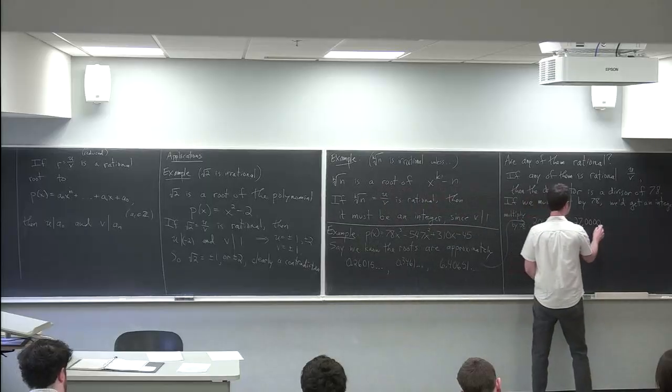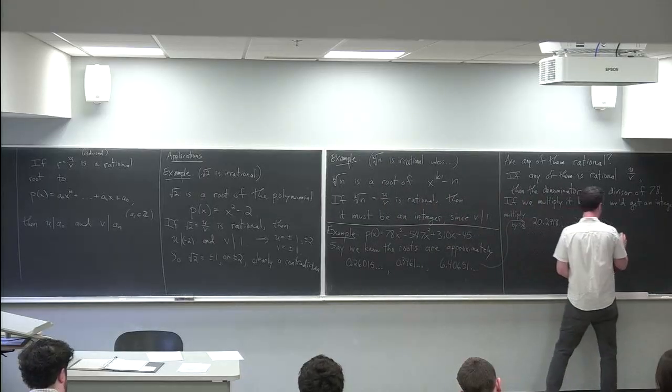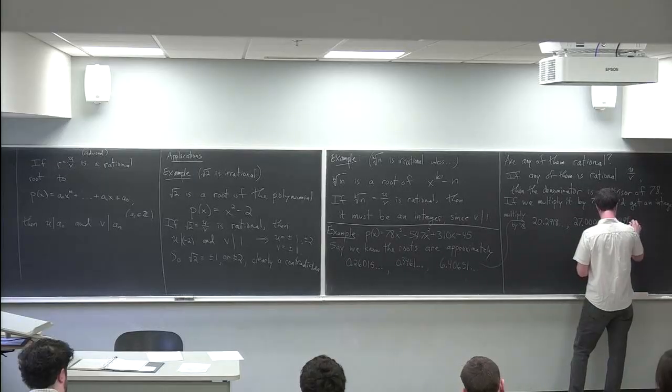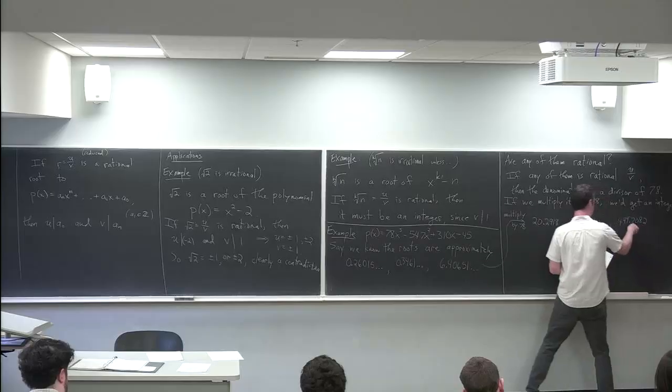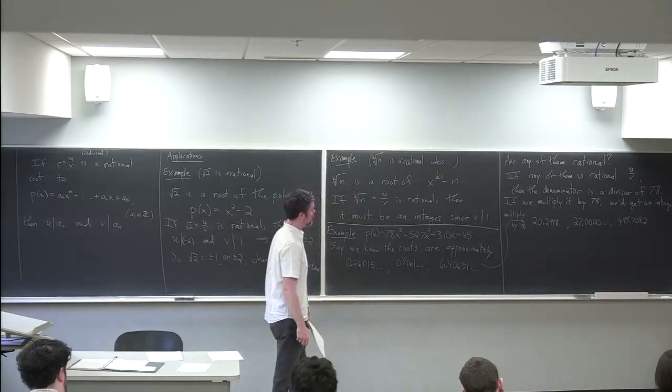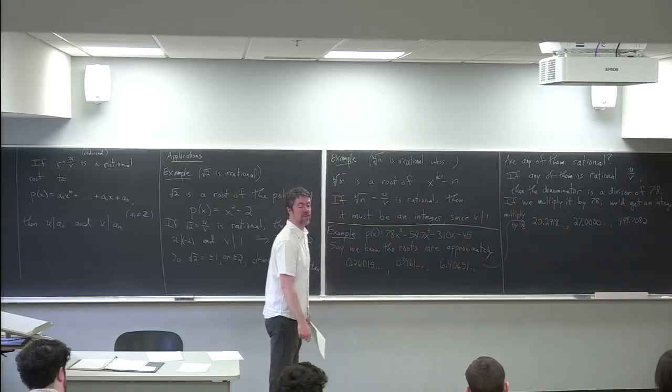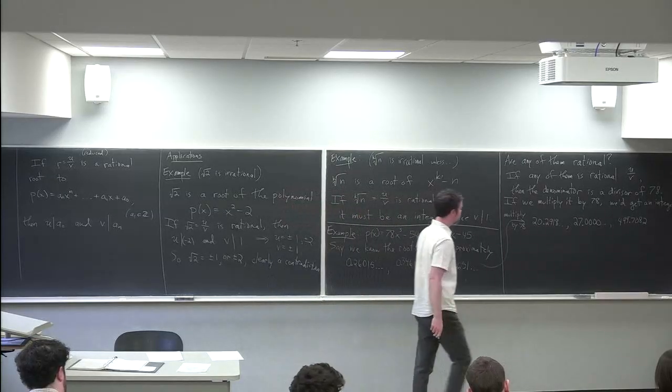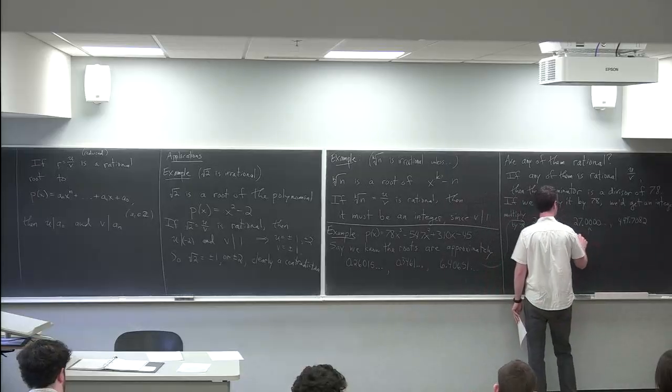So that's notable. But the third one is not so much. You get something which, because of that 0.7, is quite far away from being an integer. So what seems to be the case here is that we got an integer in the middle. It certainly looks like an integer.